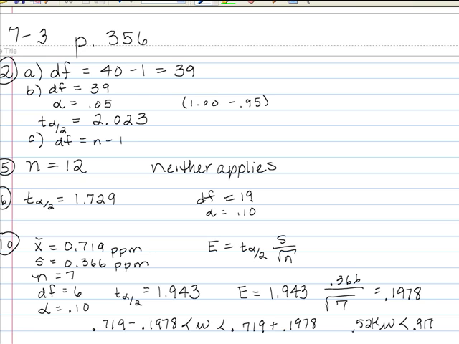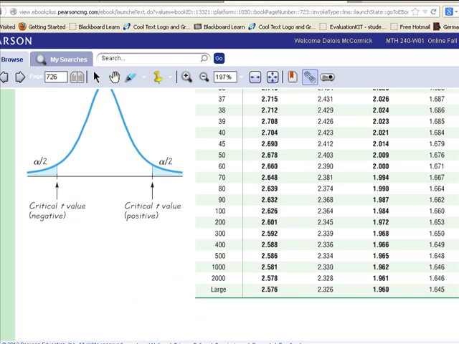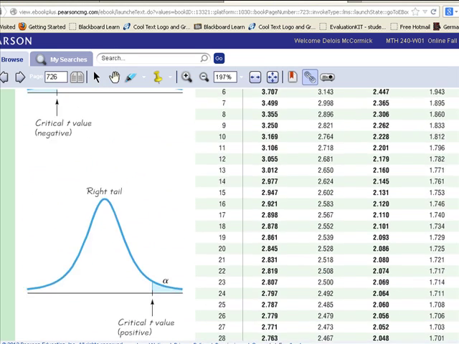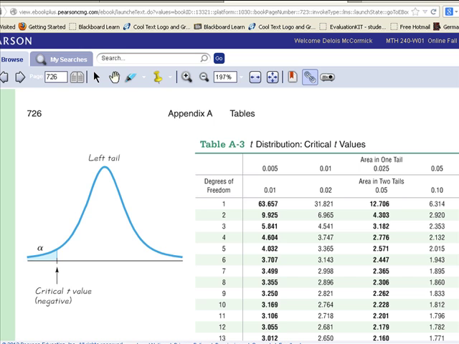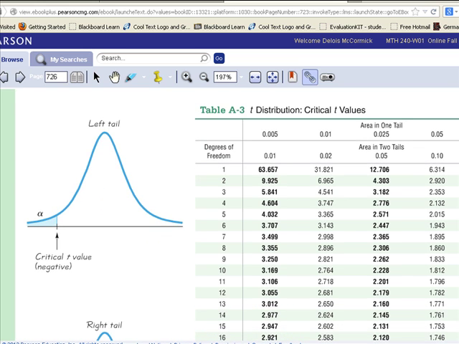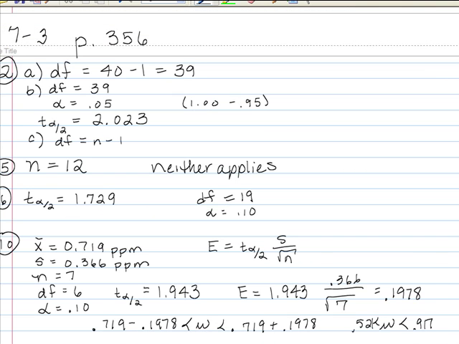All right, 6, 1.943. Area in 2 tails, that's right. Alright, maybe it's what I entered in the calculator. 1.943 times 0.366 divided by the square root of 7. Oh, I get a very different answer, so I must have hit a wrong key somewhere.